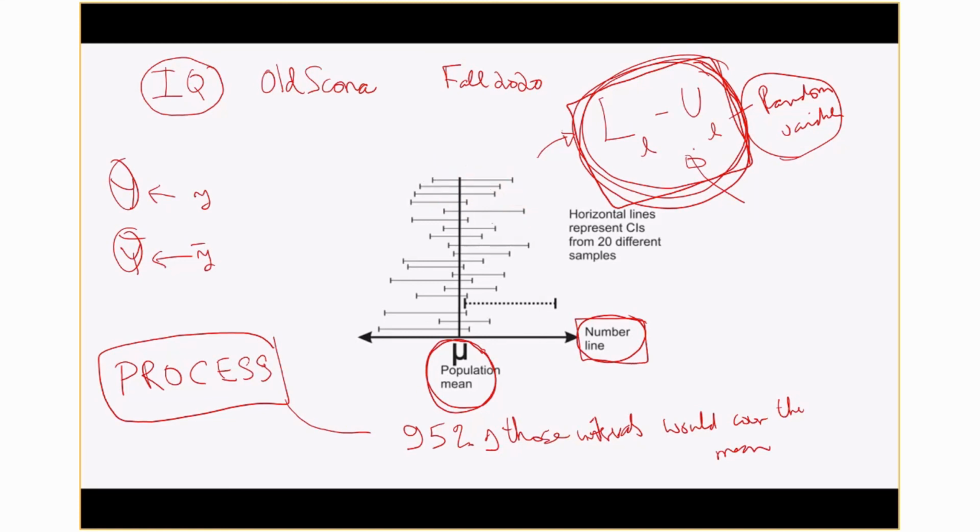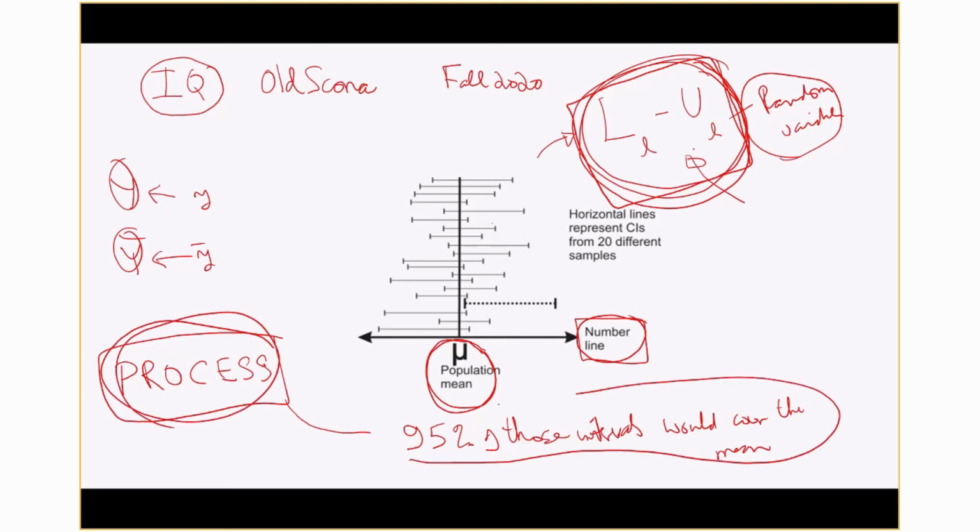And because of the process that we're going through, 95% of those intervals would cover the mean. And you see most of these intervals cover the mean, but then we've got this fellow here. 5% of the time, 5% of the possible values of our random variable, that pair of numbers, would fail to cover the true mean. So we'll stop there with that brief introduction of a 95% confidence interval.